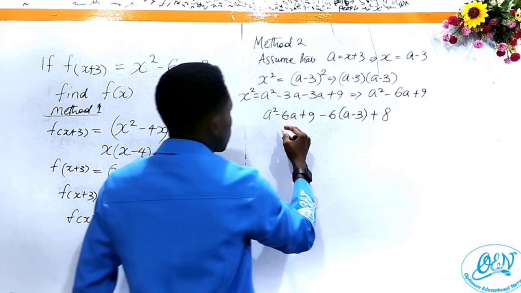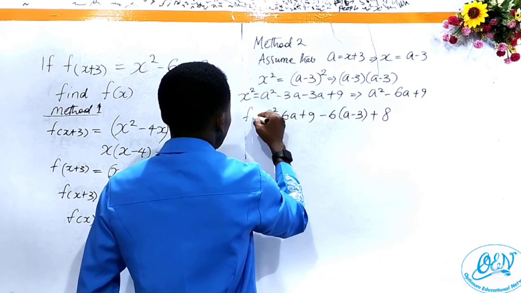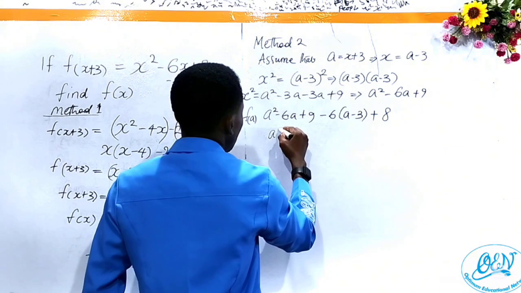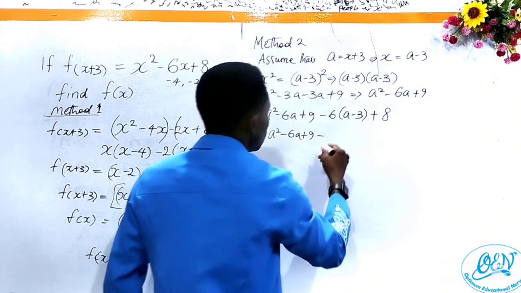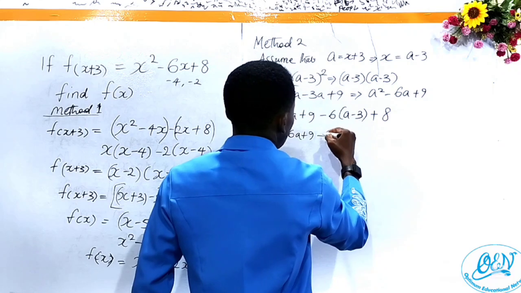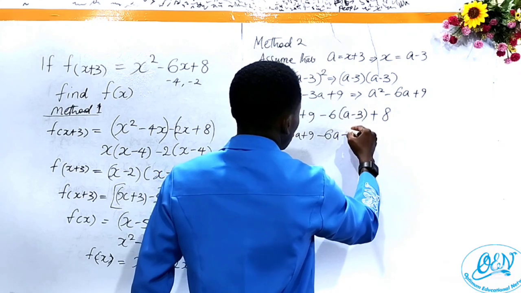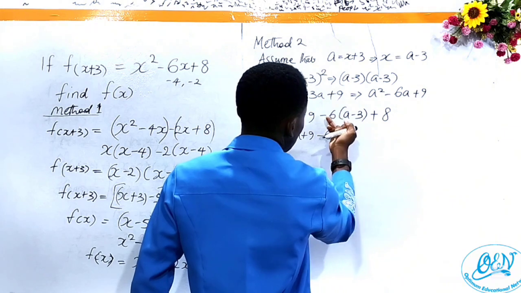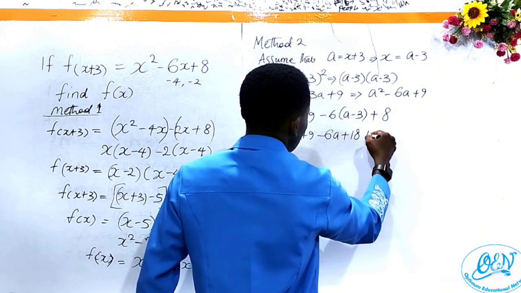So expanding now, this is f of a: a squared minus 6a plus 9 minus 6a plus 18, as in minus 6 times minus 3 is plus 18, plus 8.